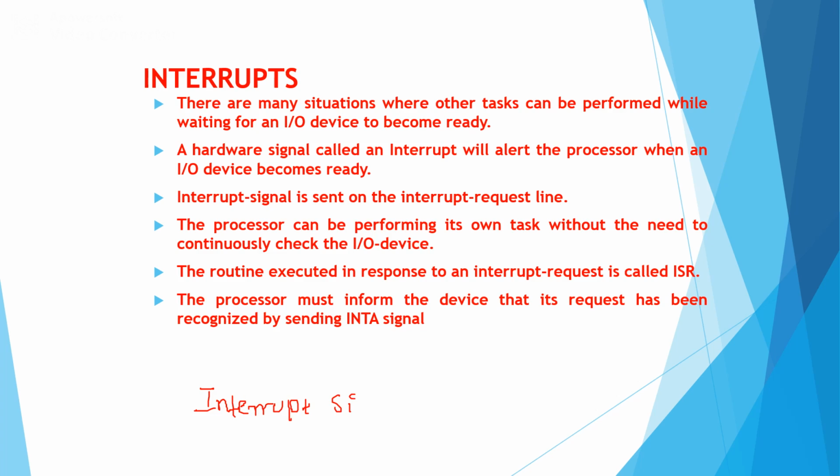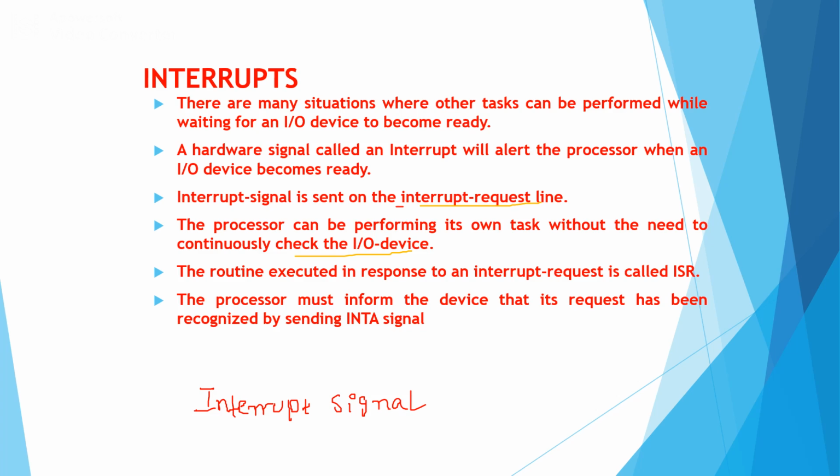These interrupt signals can be placed on a single interrupt request line. So the processor can perform its own task without the need to continuously check the IO device. The processor can perform some other task instead of waiting to check the status of the IO device.